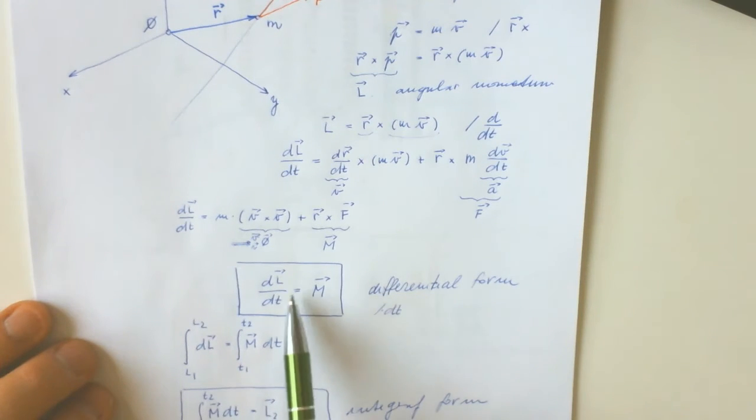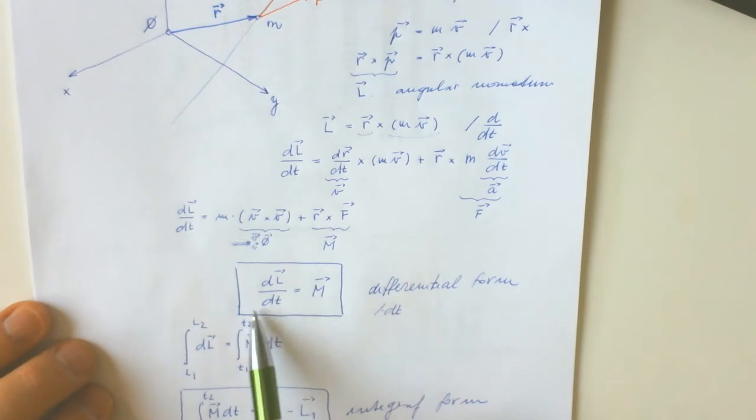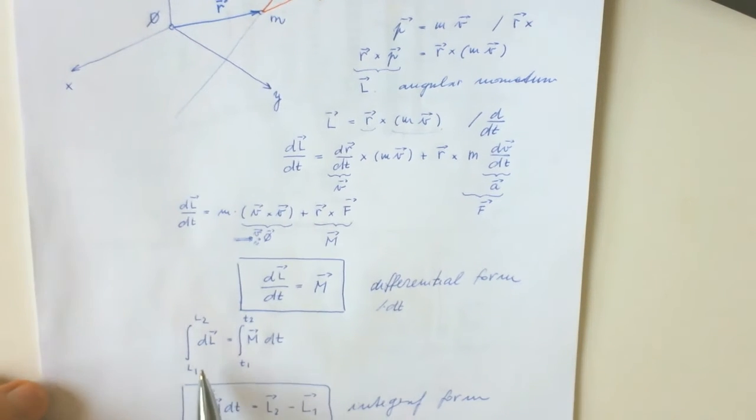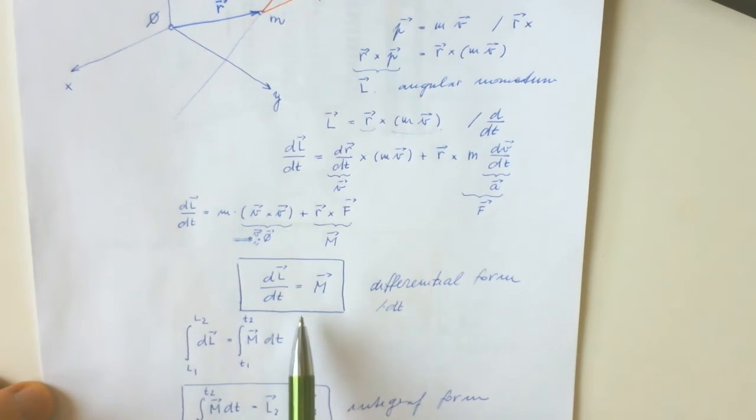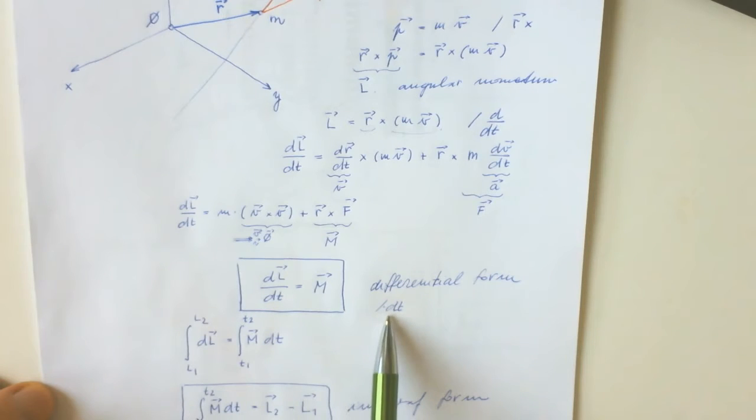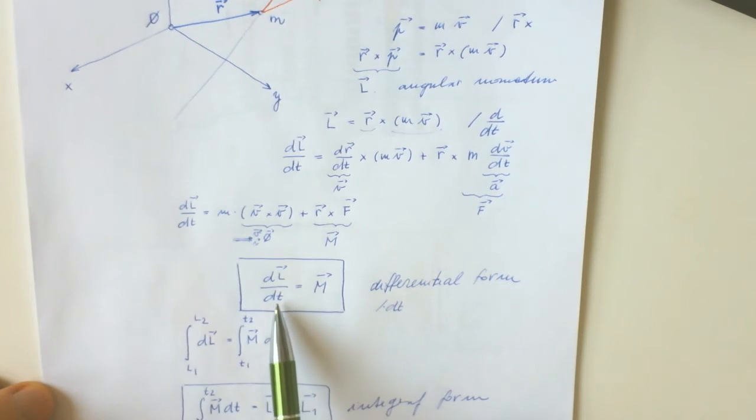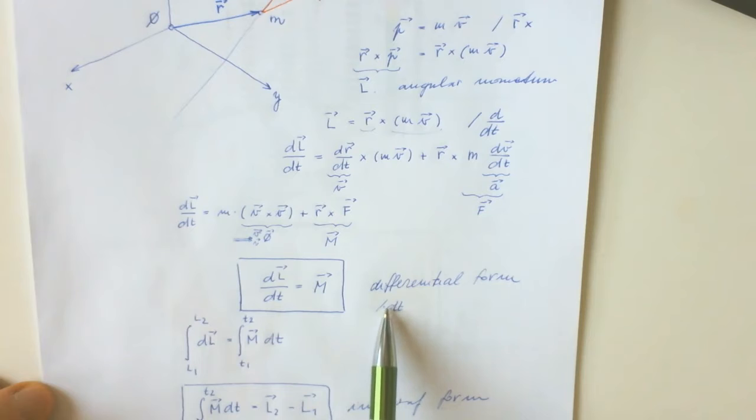We can integrate this differential equation and we get this. If we use the integration sign, so if we multiply both sides of the equation by elementary time dt, we get dL is equal to M by dt, and we put here equation signs with limits.